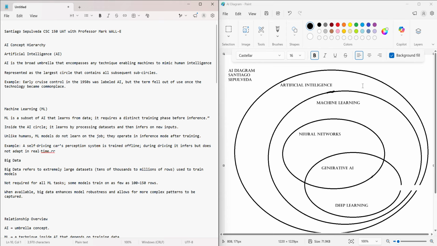So then there are AI subsets, for example, the circle where machine learning is. Sorry, I probably didn't phrase that as well as I could have, but there is a subset within artificial intelligence, the machine learning. To give you an example of machine learning, we have a company or factory going over its own code.